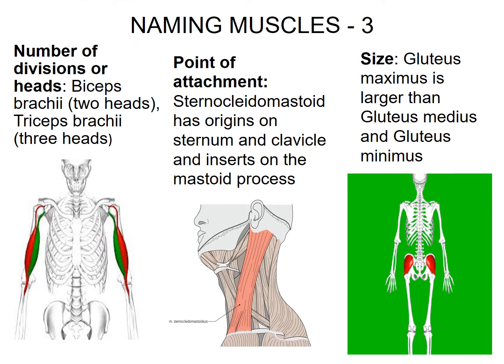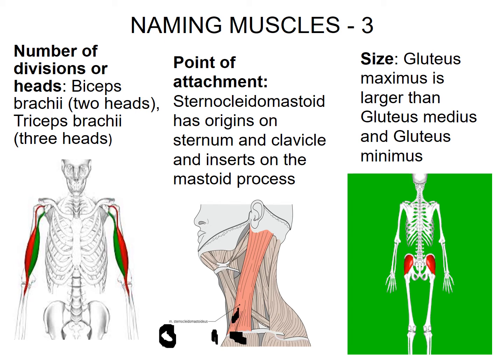Other ways of naming muscles, we can talk about the divisions of heads. I mentioned the biceps and the triceps and the quads, all of that. The point of attachment: the sternocleidomastoid, really long, crazy, weird muscle. It attaches and originates at the sternum, at that manubrium. Cleido refers to the clavicle.